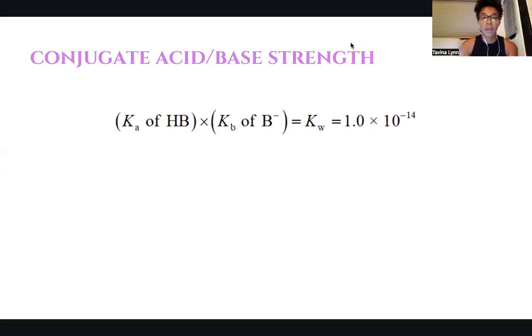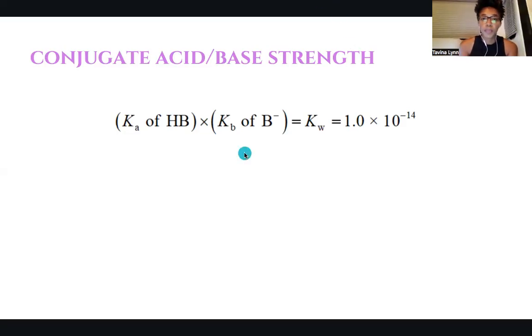All right, let's talk about the strength of conjugate acid base pairs. So remember, if we have a weak acid, it forms its conjugate base, or if we have a base, it forms its conjugate acid.